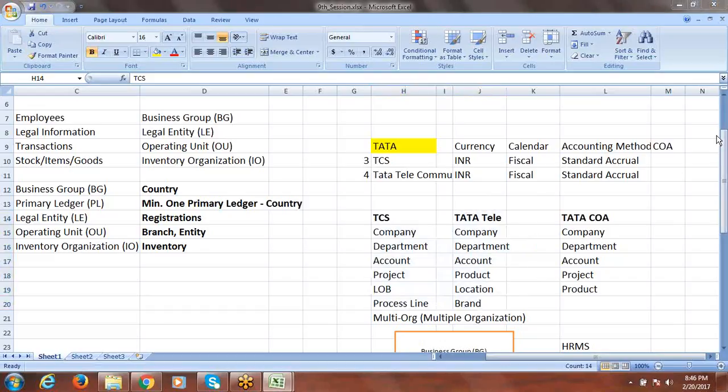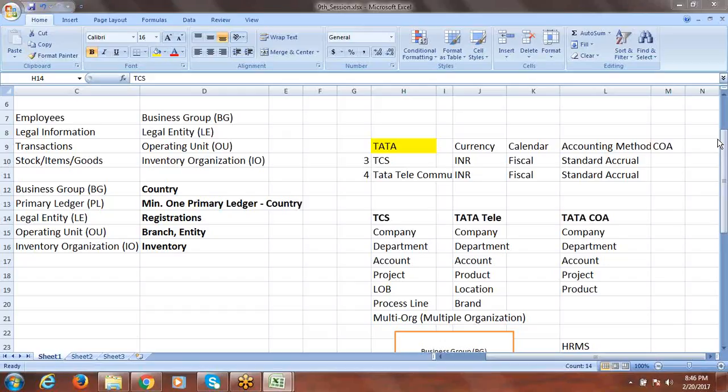Some companies, even if they're running the business in multiple countries, will have a global chart of accounts. If the client is running the business in 10 countries, still they'll use only one chart of accounts, but they still have to create separate primary ledgers. The reason is that currencies are totally different, and calendars can also be different.